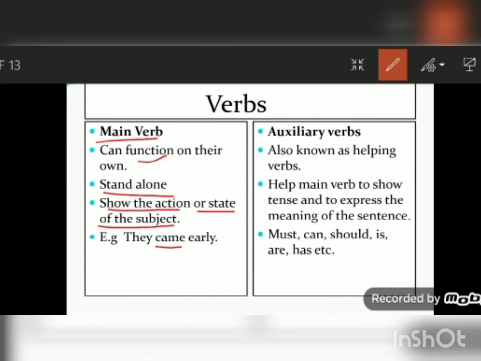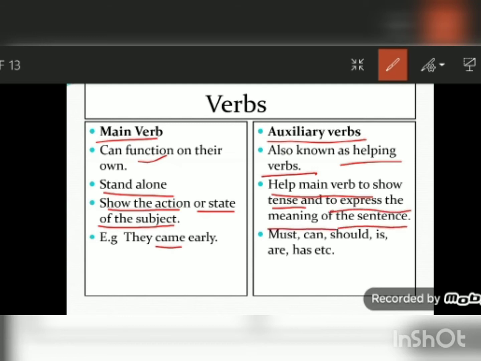Now come to auxiliary verb. Auxiliary verbs are also known as helping verbs. They help the main verb to show the tense and to express the meaning of the sentence.